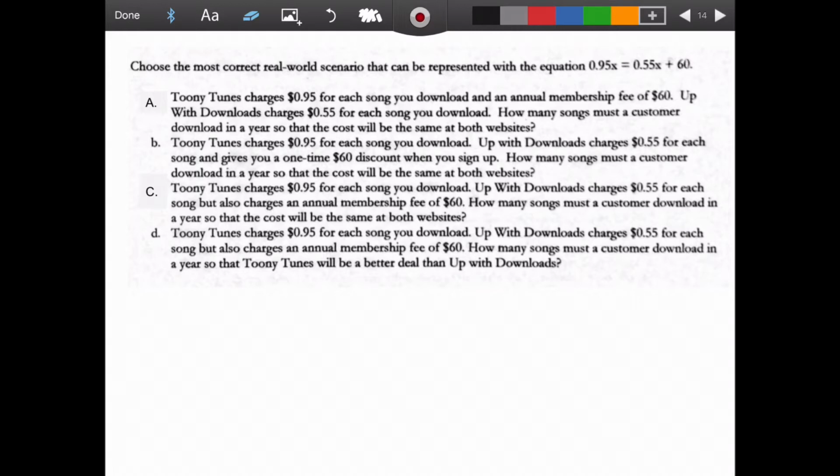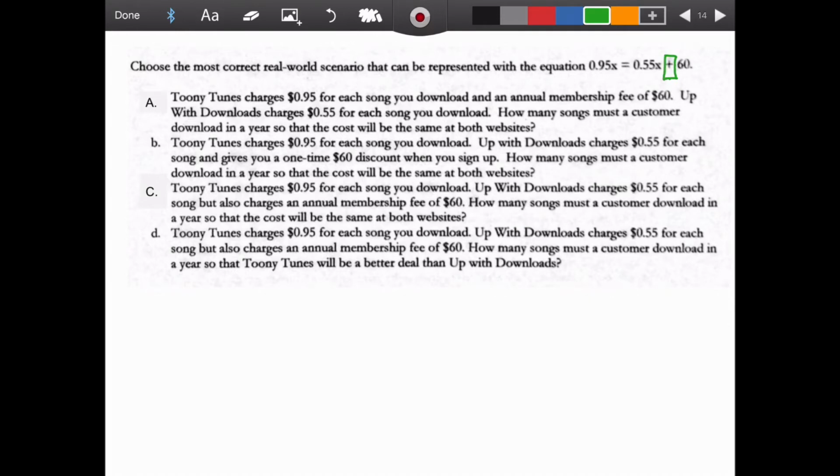It says choose the most correct real-world scenario that can be represented with the equation 0.95x equals 0.55x plus 60. The one thing I want you to focus on is what operations are happening in our equation. On the right side, we see addition.